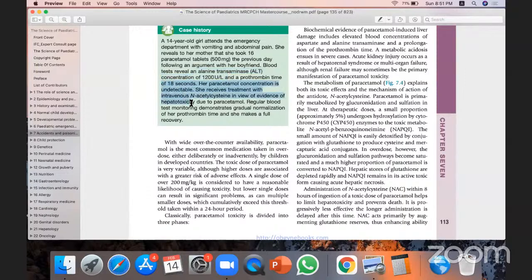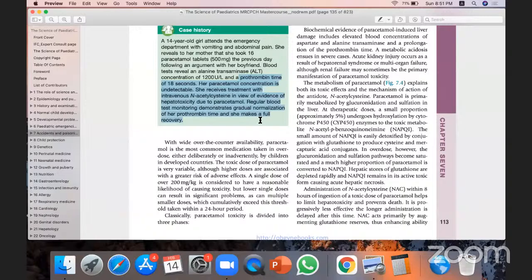Paracetamol concentration was undetectable. See, when the child got a toxic dose, we do not wait. We start N-acetylcysteine because the level may be non-detectable in serum. So we start N-acetylcysteine immediately in view of evidence of hepatotoxicity due to paracetamol.